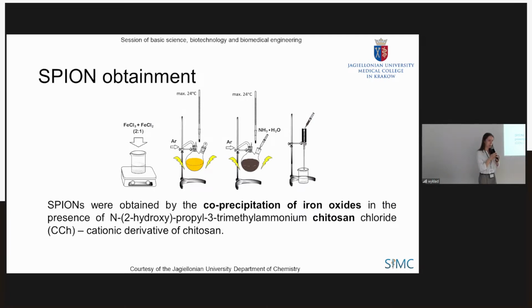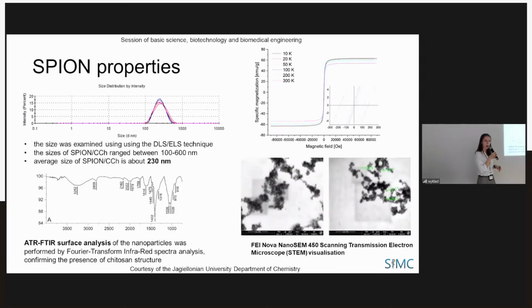They were obtained by Jagiellonian University Department of Chemistry students, so they conducted the synthesis. It was the co-precipitation of iron oxide with chitosan chloride. And then they examined SPION properties in order to determine whether they are appropriate for further research.